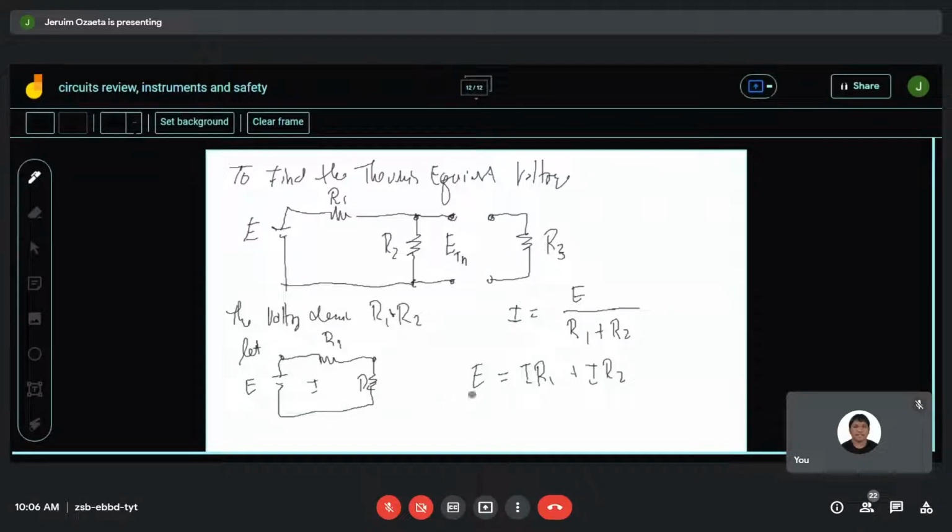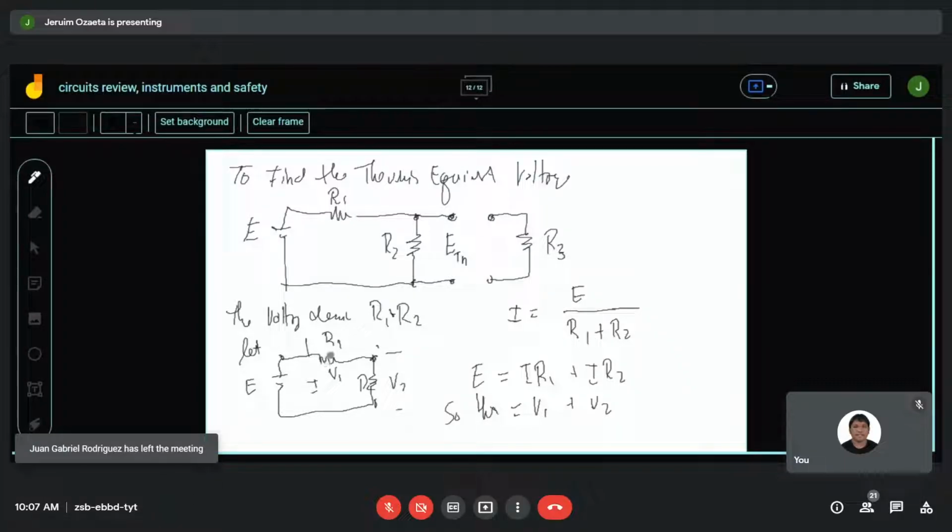the value of the voltage drop at V1, let's call this V1, V2 from here. That's V2. So this is actually V1 plus V2. Since the current at R sub 1 and R sub 2 is equal, we have the total current I equals the current at R sub 1 equals the current I sub 2.